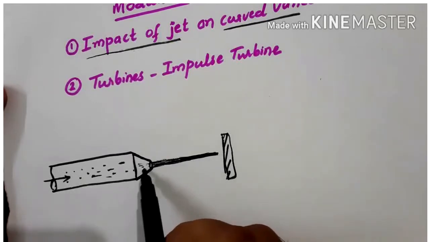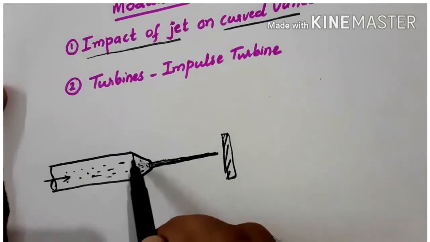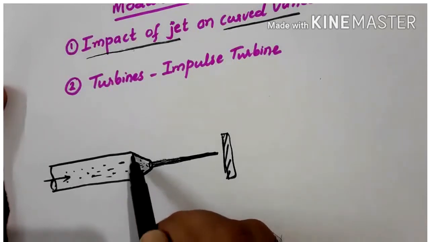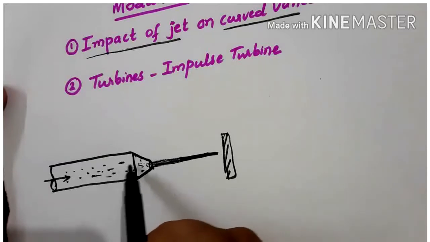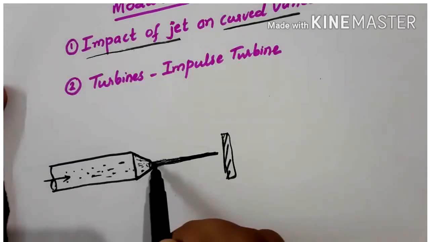The jet will have a huge kinetic energy because of the reduction in the cross-sectional area at the end of the pipe. The pressure energy gets converted into kinetic energy here.